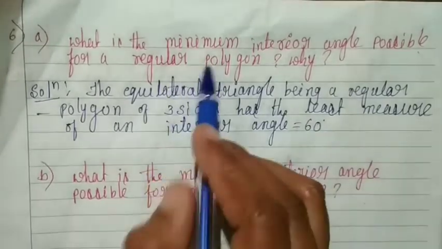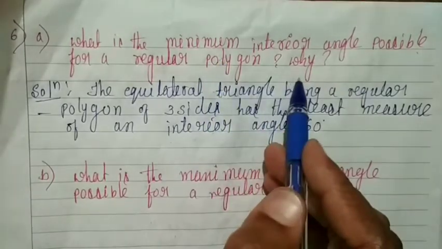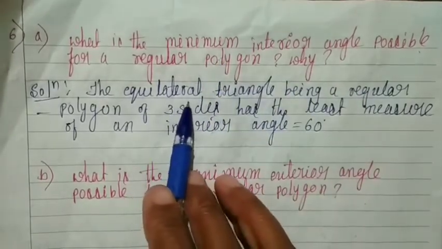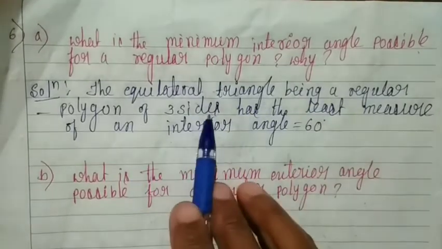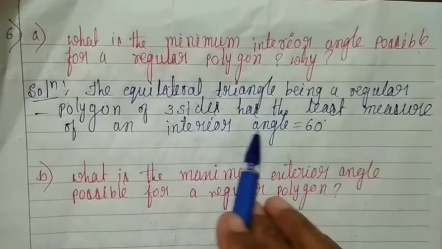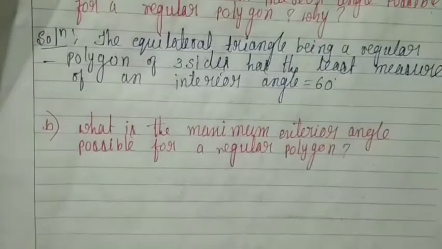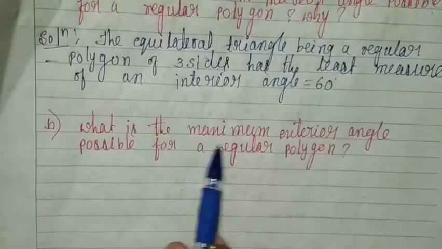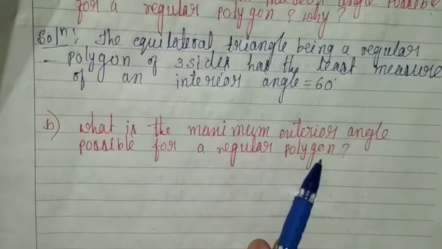Once again, what is the minimum interior angle possible for a regular polygon? Why? The equilateral triangle being a regular polygon of 3 sides has the least measure of an interior angle 60 degree. B. What is the maximum exterior angle possible for a regular polygon?